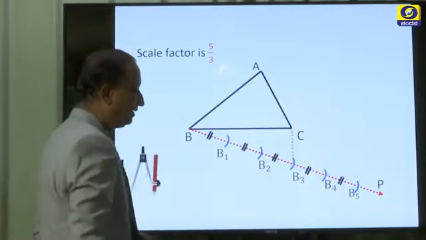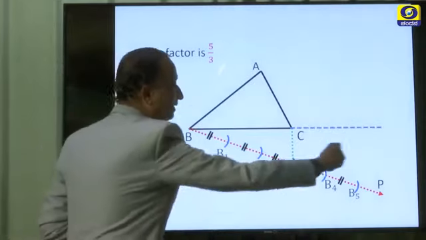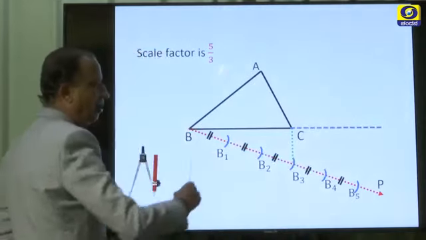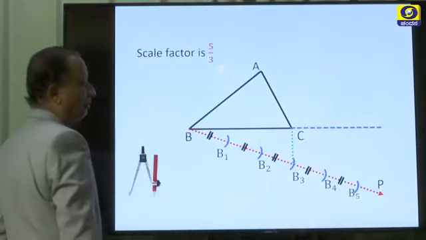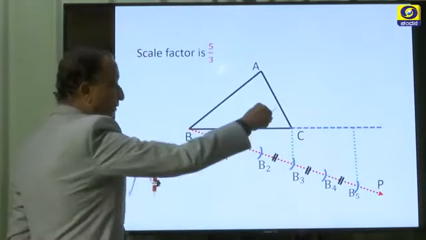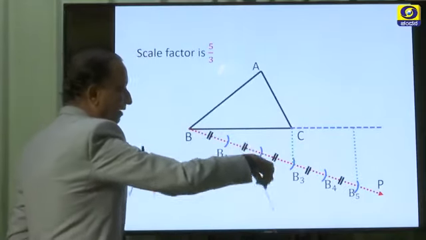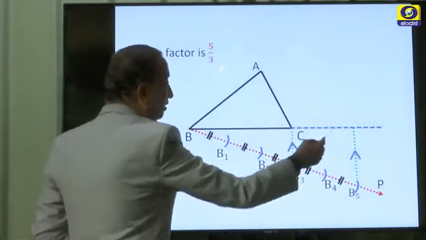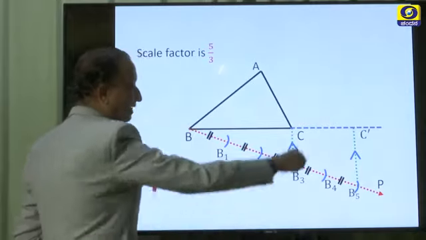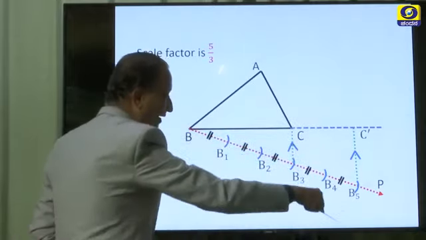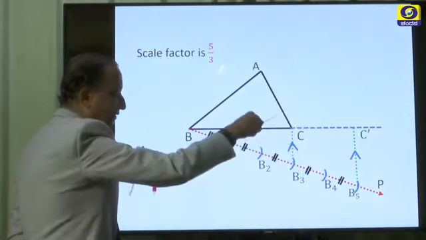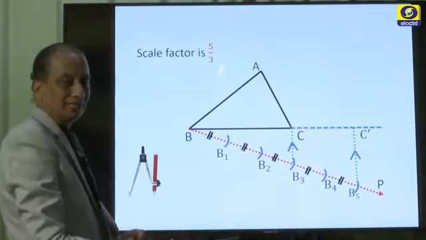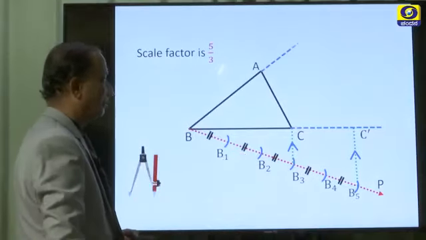Then extend this BC a little on the right side. Now we have to draw a line parallel to this through the point B5. Call this point C dash. So, C dash B5 is drawn parallel to CB3 using set squares or compasses.